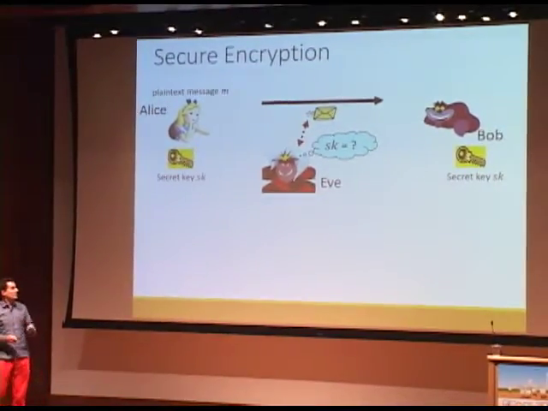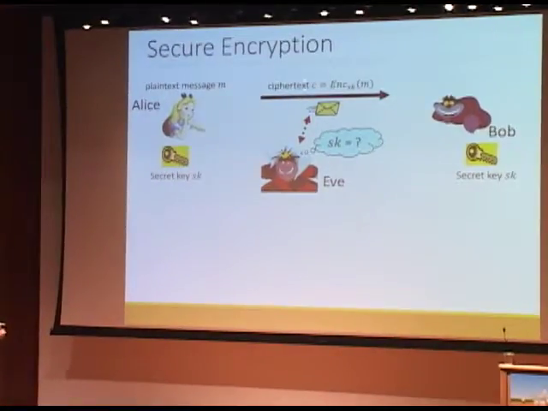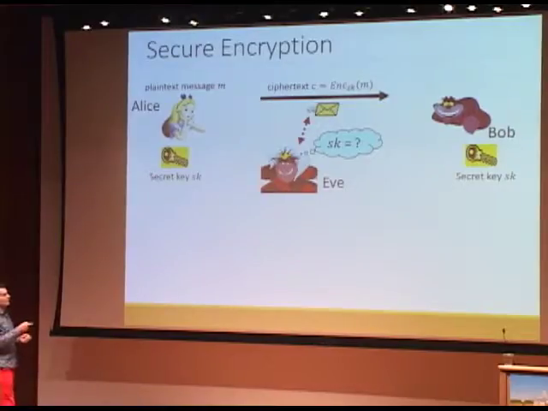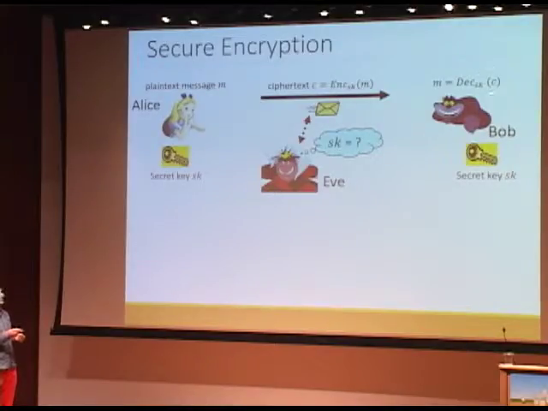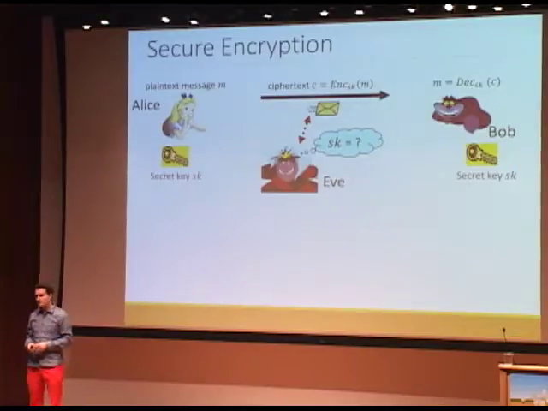So what we want is an encryption scheme, a way to encrypt the message M to obtain a ciphertext by running the encryption together with the secret key. It should also come with a method of decryption, where Bob can run the decryption of the ciphertext and hopefully recover the original message M.